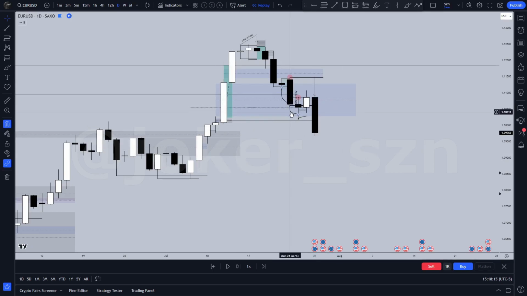So we have now also a new inversion level created here, right? We closed below this fair value gap, so now we have a new inversion level, which is the lower half of this daily fair value gap, right? And not only do we have a daily inversion fair value gap here, we also have an up close candle here, right?